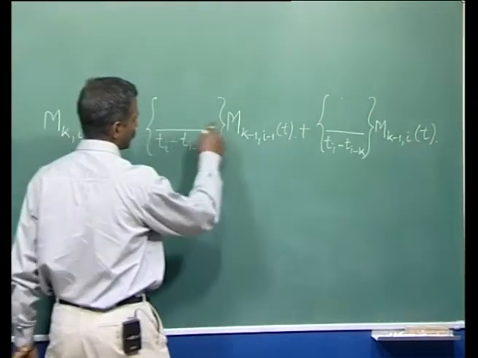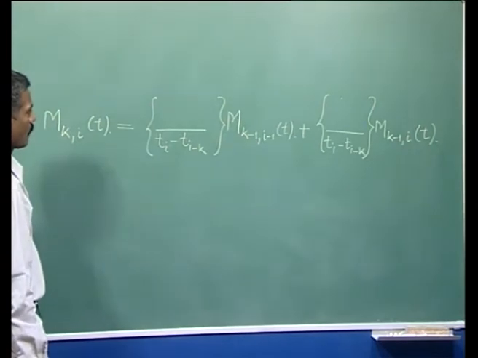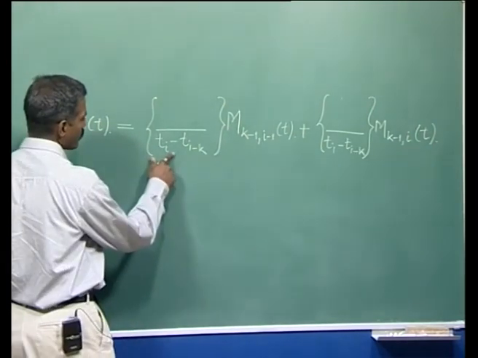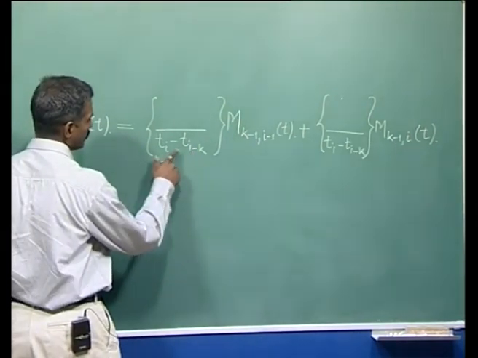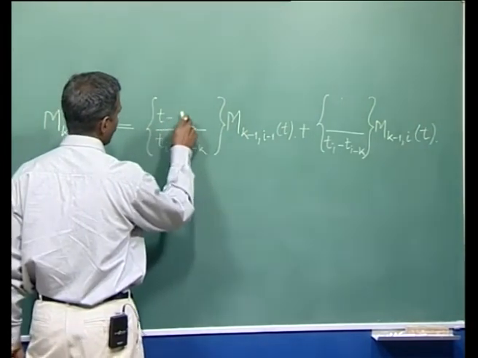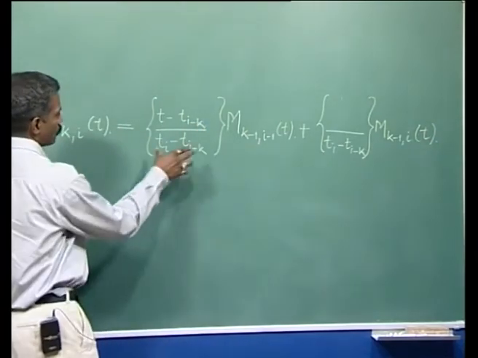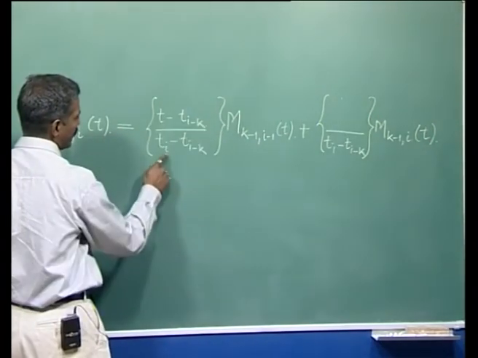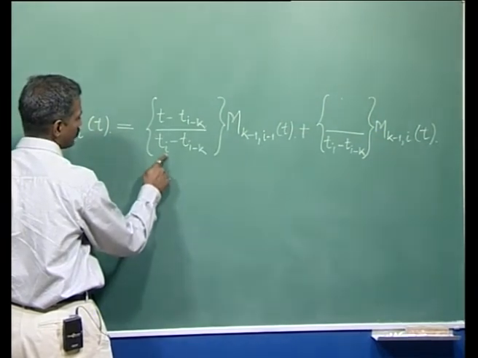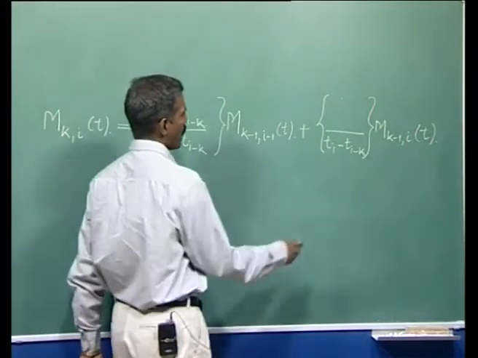Now the numerators. All I do here is replace t_i by t, minus t_{i-k}. So copy this expression here and let go of this index. How about the numerator here?